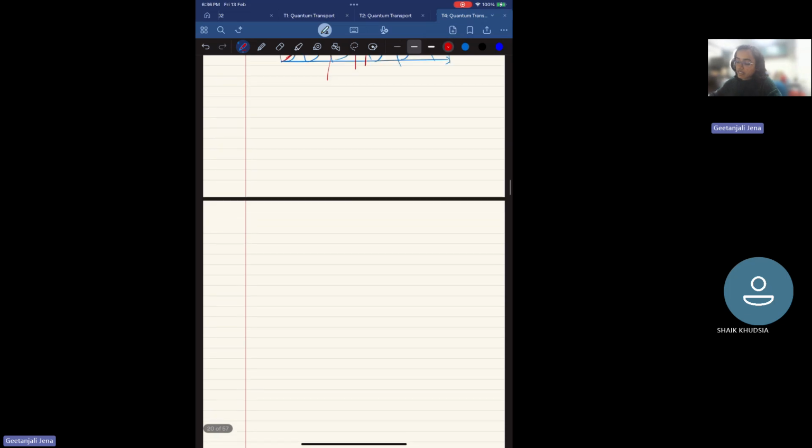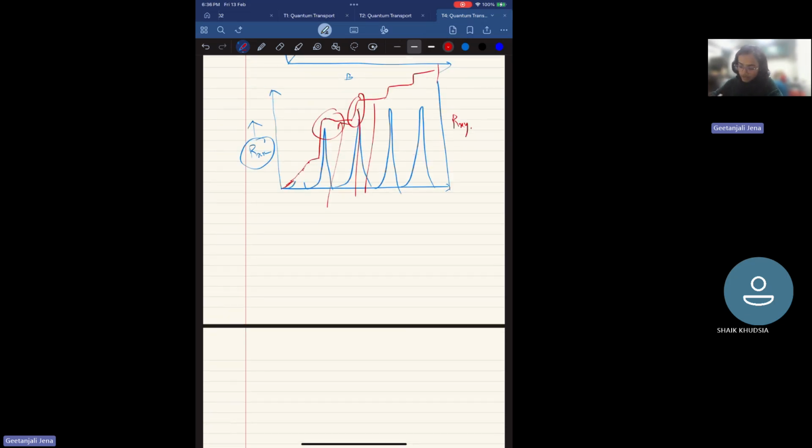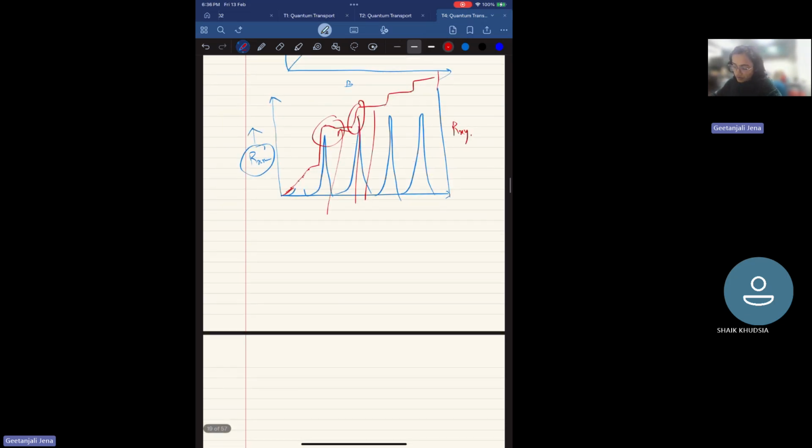So when we increase the magnetic field, if you recall, increasing the magnetic field means decreasing the filling factor. So nu is inversely proportional to B. If you increase B, that means nu will decrease. So the number of Landau levels occupied will now decrease.